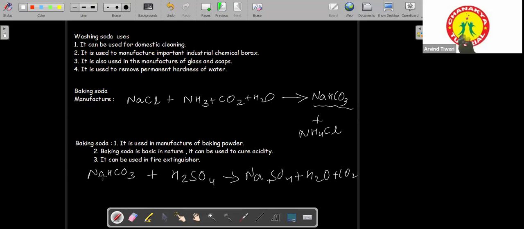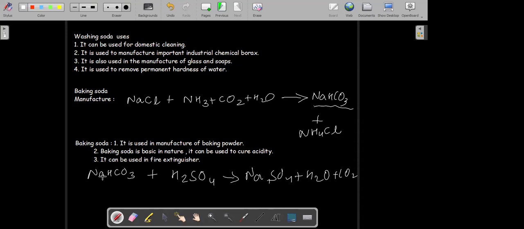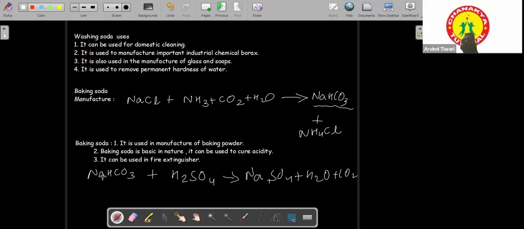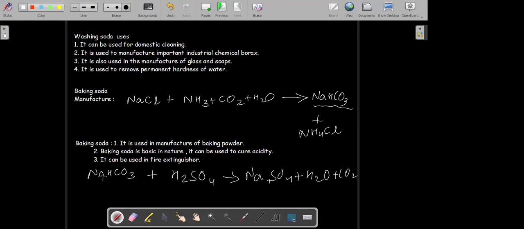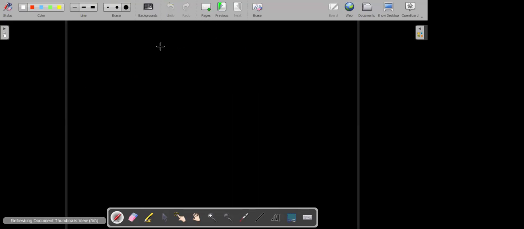Now, how does it work in the baking industry? Can anyone think of how it works in the baking industry? Sir, to make the cake fluffy. Okay, it is used to make the cake fluffy. And how does it make the cake fluffy? Sir, because of the carbon dioxide, the cake becomes fluffy.